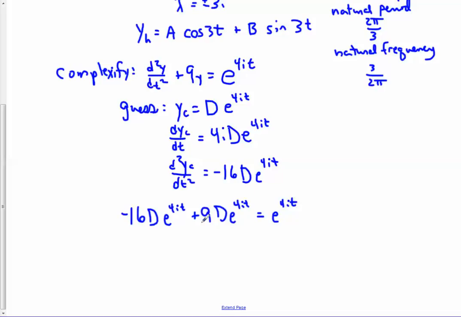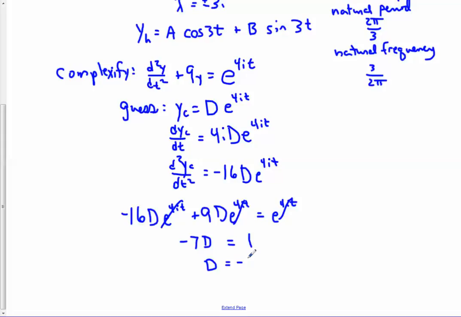The complexification is really nice because notice that of the three, our original guess, our first derivative, and our second derivative, only the first derivative had an i in it other than the e to the 4it part. But that doesn't show up when we plug things in, because there is no dy/dt. So there is no i here except in the exponential, but of course those are common and so they cancel. So we just get negative 7d equals 1.